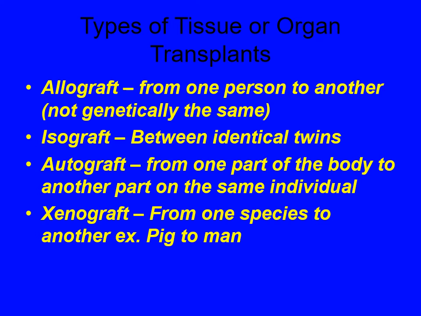Autograft, from one part of the body of an individual to another part, but it's the same individual, like autologous donation, donating a unit of blood for yourself for upcoming surgery, or transplanted tissue for burns, blood vessels for bypasses in cardiac surgery. Those types of things are considered autografts. Xenograft is from one species to another. So those are just definitions.